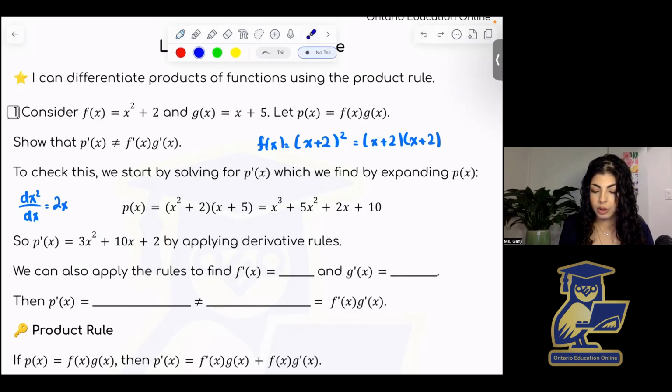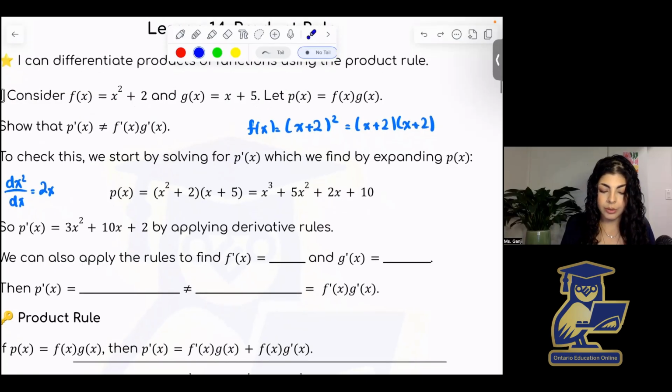And 2x is going to be the constant multiple rule. We take the 2 out, and then dx by dx is just 1. And finally, that 10 is just a constant, so the derivative is just 0. So this is what we expect our derivative to be.